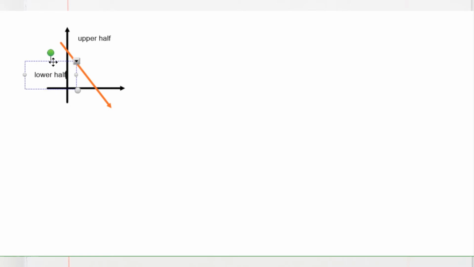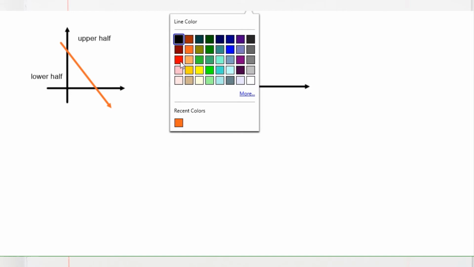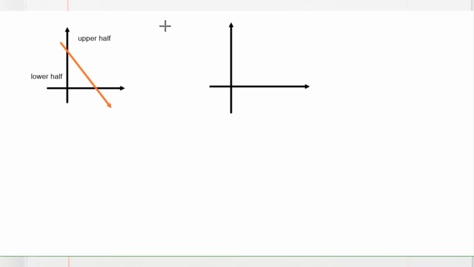Okay, and consider another case. Suppose this is x-axis, this is y-axis, and our line is suppose like this. So in this also, this line divides the Cartesian plane into two parts.